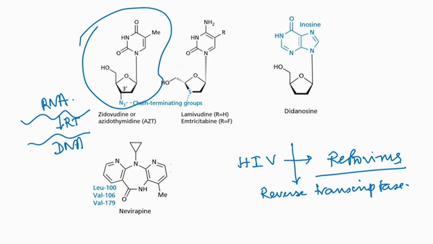Making of DNA means it is a polymerase, but it is an RNA dependent DNA polymerase, because the template is RNA and you are making a DNA. You have to be careful about naming all these. If I say RNA dependent DNA polymerase, that means I am making a DNA utilizing an RNA template. So, that is a reverse transcriptase.